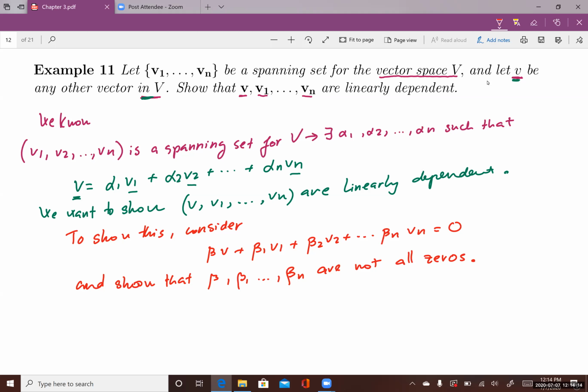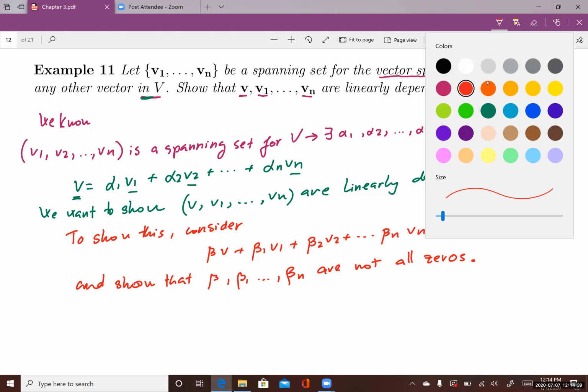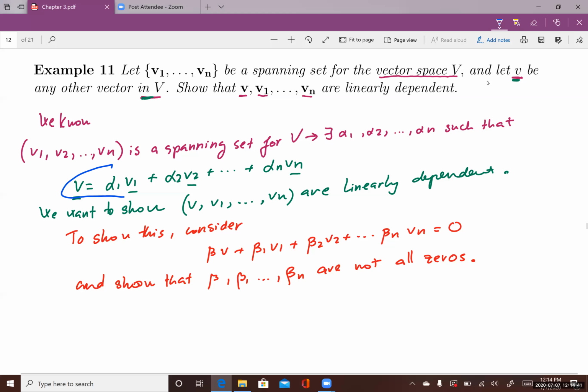If you can show that there exists a set of scalars that are not all 0 that satisfy this equation, that means v, v1 to vn are linearly dependent. Because remember, if this set of vectors is linearly independent, then all the scalars have to be 0. So this is the information that we know.